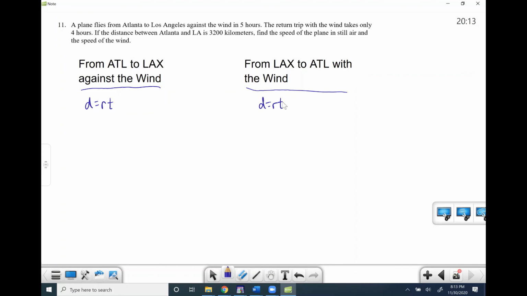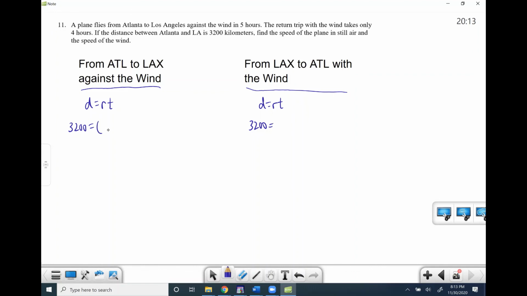Now it says, let's see here. What is the distance, you guys? What is the distance? Yeah, and it's going to be 3,200 for both because, whether I'm going from ATL to LAX or from LAX to ATL, it's the same, right? Return trips are always the same.